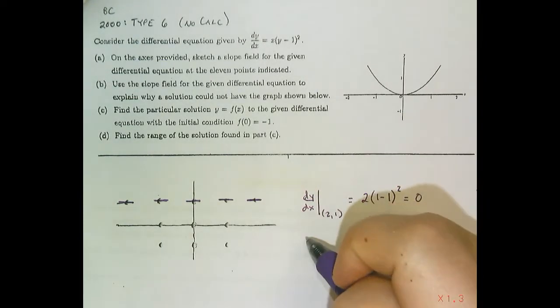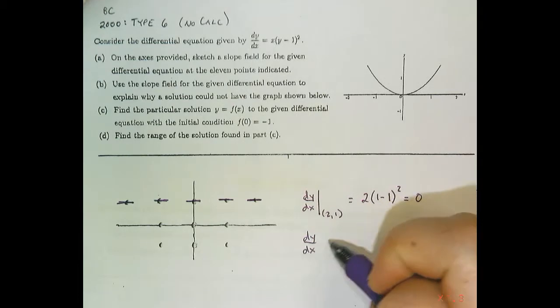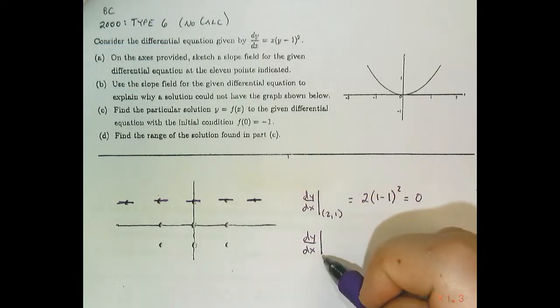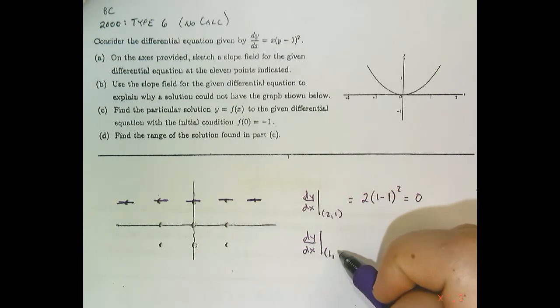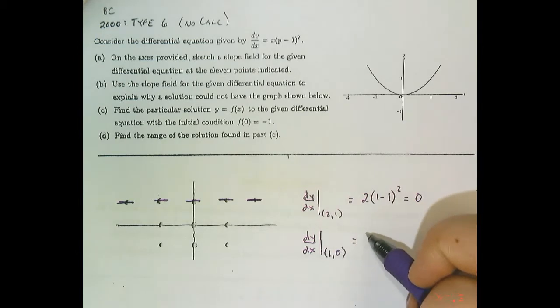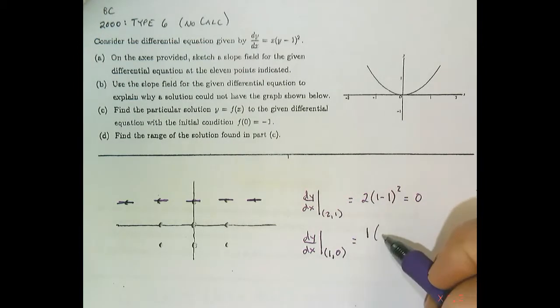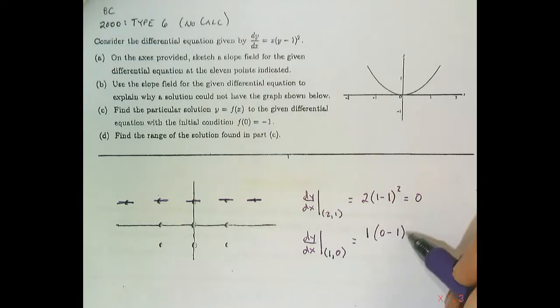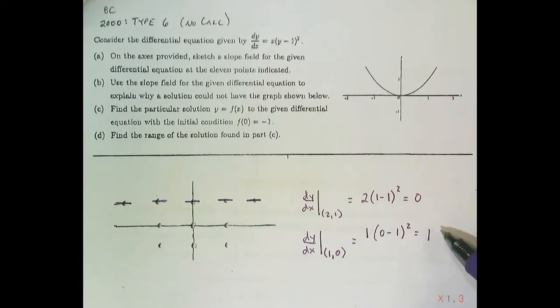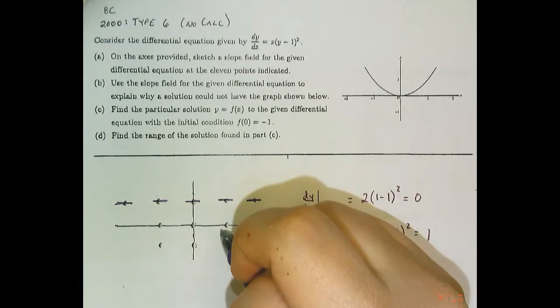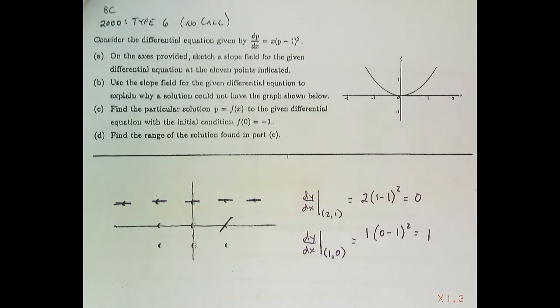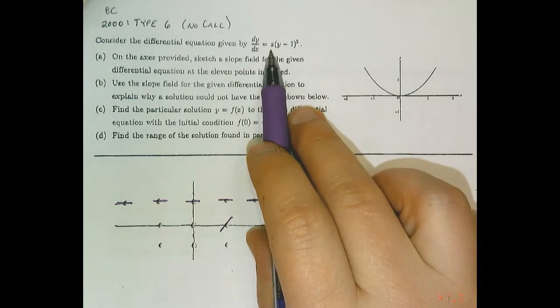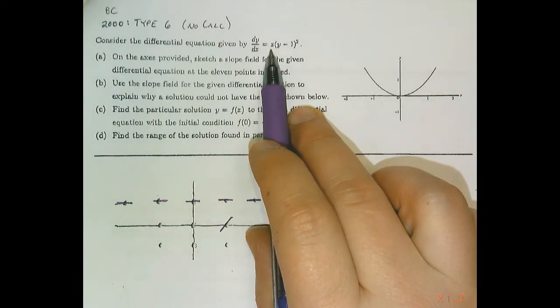If we did a second point, maybe at 1, 0, we stick 1 in for x and 0 in for y, and we get a slope of 1. Continuing to analyze our way through this, I notice that whenever x is 0, I will have a slope of 0.